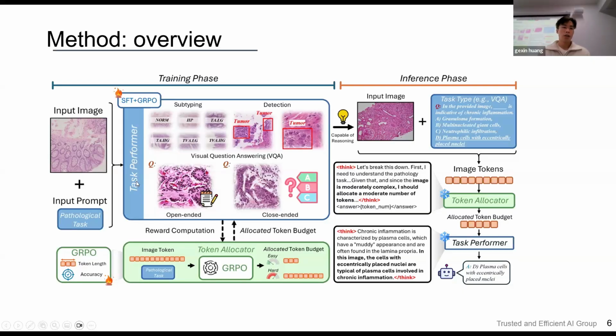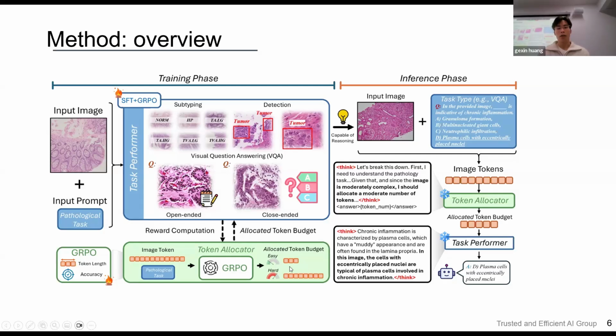After that, the task performer will be trained by SFT as well as GRPO for multiple downstream tasks, including subtyping, detection, which means detecting the tumor region, and visual question answering, including open-ended and closed-ended.